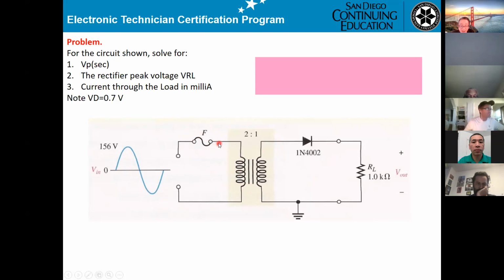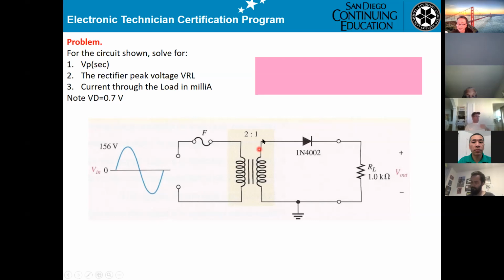A fuse, right? That means in case you get a big voltage, big current, the fuse will open. That will prevent damage to the circuit. You see in your house, when the power comes in, everything has to have a fuse, like a 2 ampere fuse. In case you get a short in your house, that will open. Otherwise, you get damage.